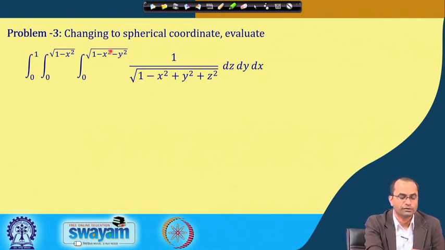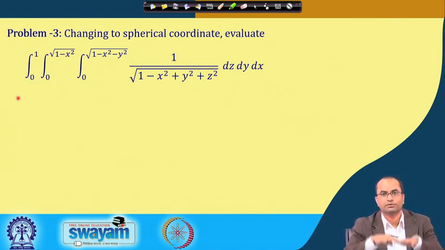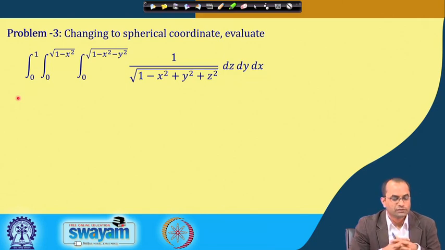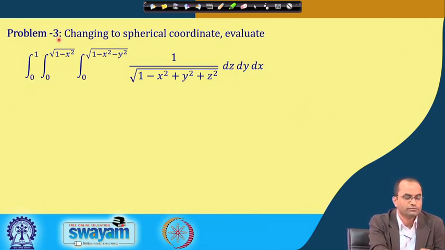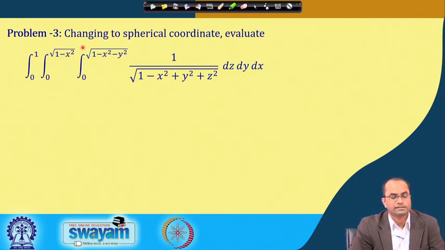So, we are moving from 0 in the direction of z to that sphere. So, we have to look a little bit more carefully, and then in the direction of y and x, this is nothing but that circle only when this sphere is projected to the x y plane, and then we have x from 0 to 1 and y from 0 to square root 1 minus x square.